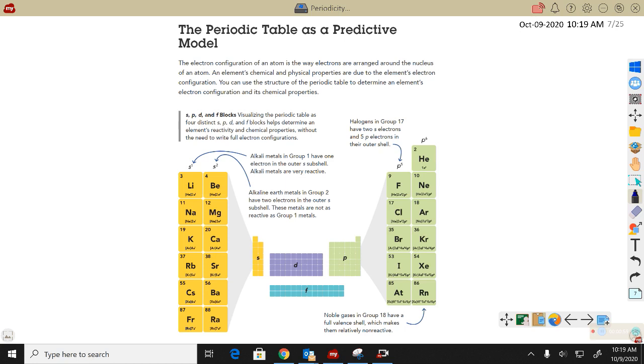And so some of this we already know, right? We already talked about the patterns that exist on the periodic table, and we already know about the S block. The S block here, being in yellow, is the first two groups going up and down because the S orbitals hold 2 electrons.